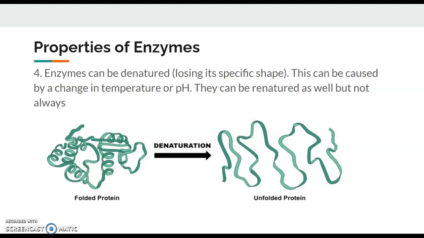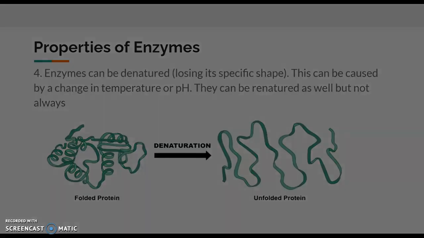If you change the temperature or the pH, and this causes the protein to become unfolded, then it can no longer fit. The active site is no longer the same, so it can't fit with whatever substrate it is supposed to fit with. It is considered to be denatured.